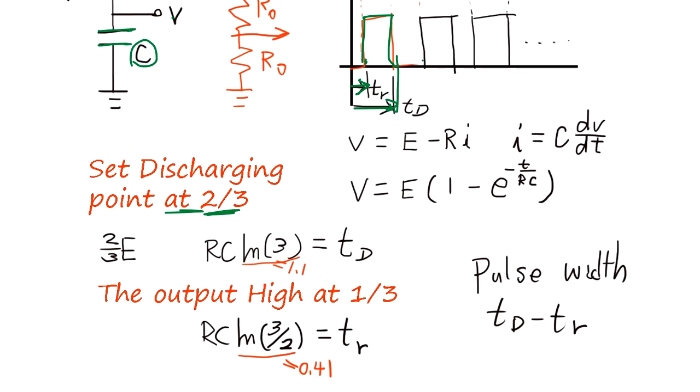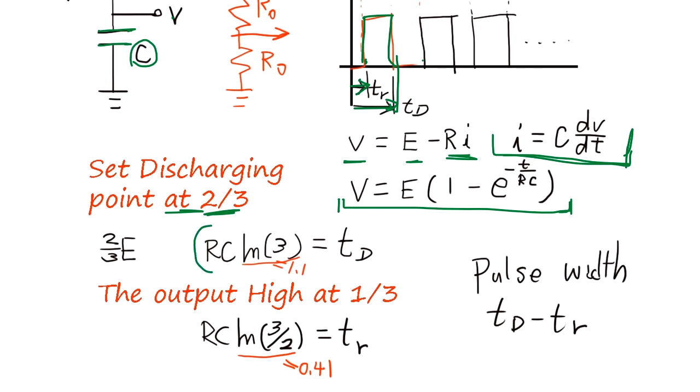So V is E minus Ri. I is the charging current, I equals C dV/dt. Solving this differential equation, V is given by E(1 - e^(-t/RC)). RC is the time constant.